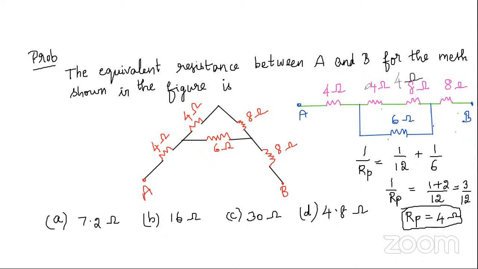So that 4 ohm, this 4 ohm, and this 8 ohm, everything will be in series now. So I can redraw that circuit again for you. So here I am redrawing that.